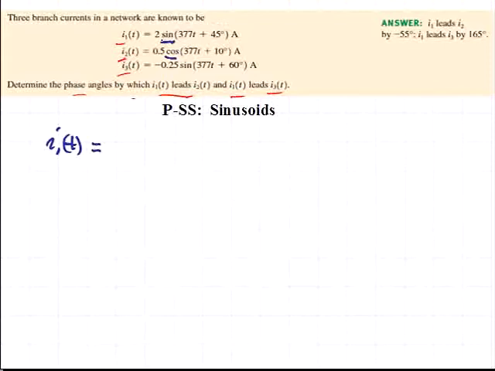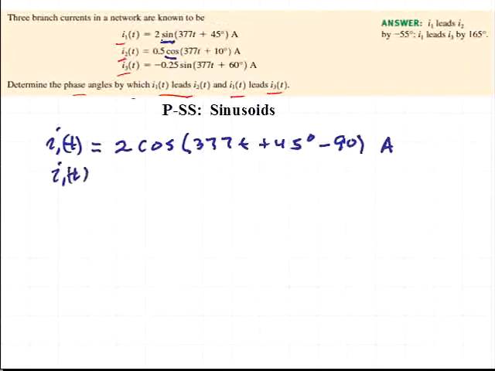So I1 of t will equal 2, converting to the cosine, we have 377t plus 45 degrees, and then we subtract 90 degrees to convert the sinusoidal function to cosine function, or I1 of t is equal to 2 cosine 377 radians per second t minus 45 degrees.